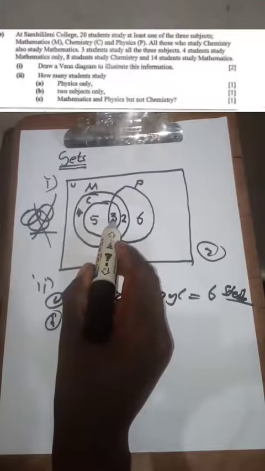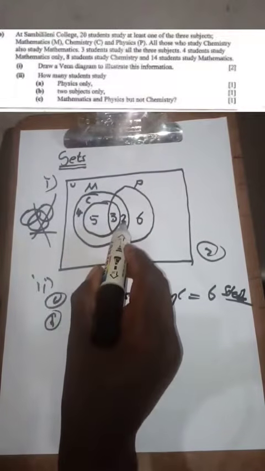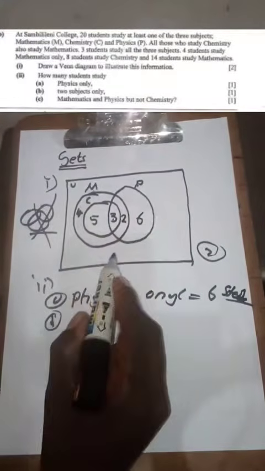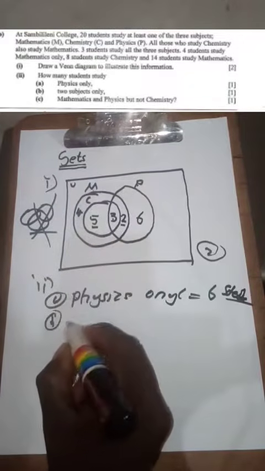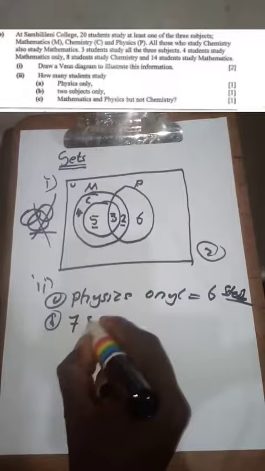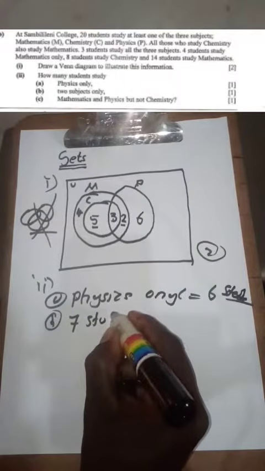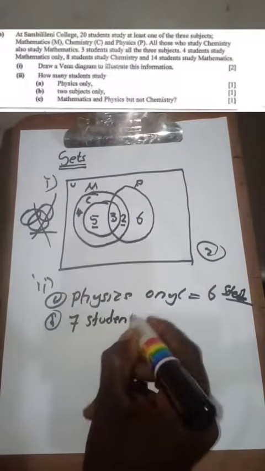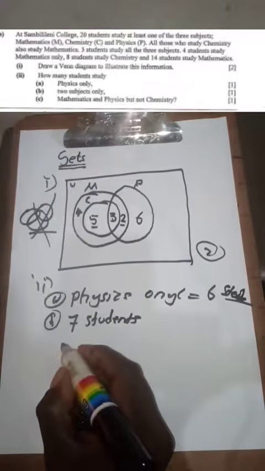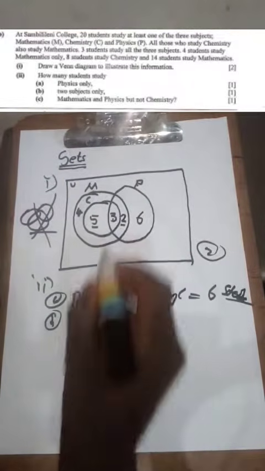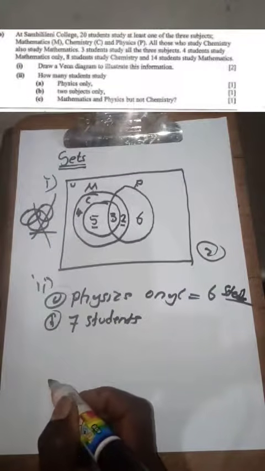These 3 study all the 3: chemistry, math, and physics. Then these 2 study math and physics, meaning you just add the 2 and the 5, giving you 7 students. If they had said at least 2 subjects, that would have included the 3, but the question says 2 subjects only.